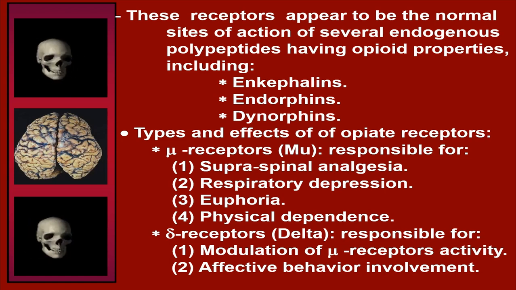For you, as undergraduates, they include mu receptors, whose stimulation is responsible for supraspinal analgesia, respiratory depression, euphoria, and physical dependence. The second type is delta receptors, whose stimulation is responsible for modulation of mu receptor activity as well as affective behavioral involvement.